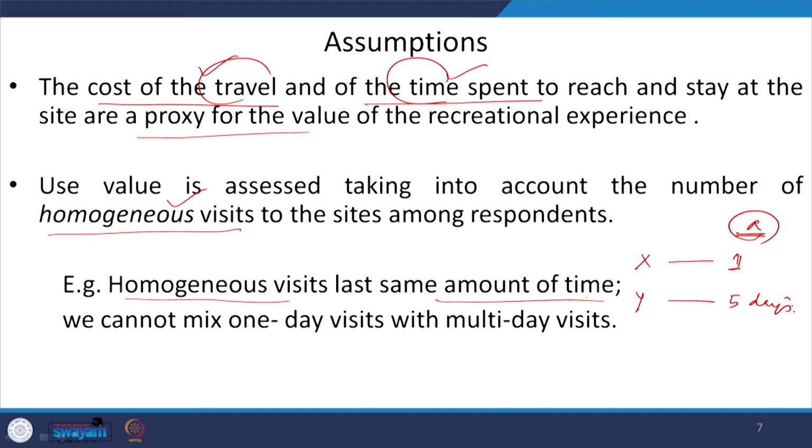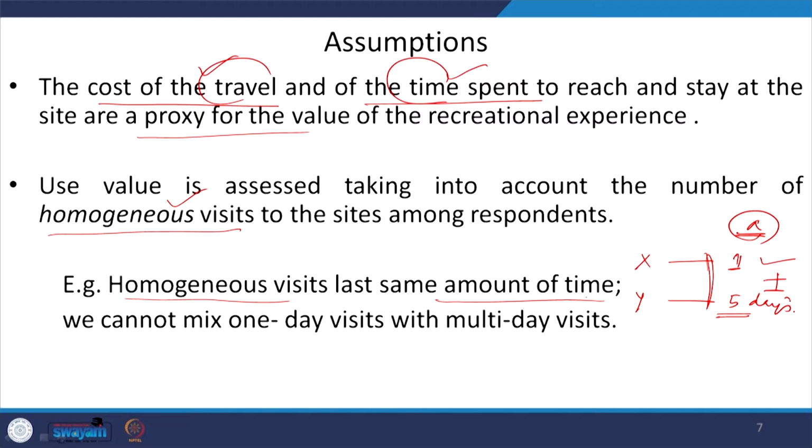So, in order to measure the value of that particular site, we cannot actually take into account their decisions or how these two visitors are valuing the site. One is only staying over there to enjoy for one day, and another person is staying for 5 days. In that case it cannot be homogeneous visits; rather it is heterogeneous visits.